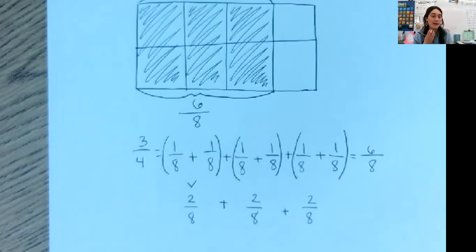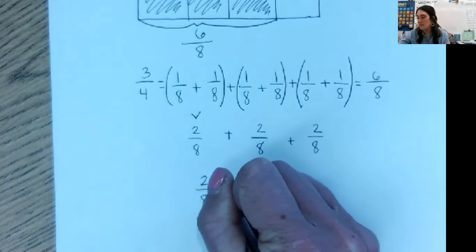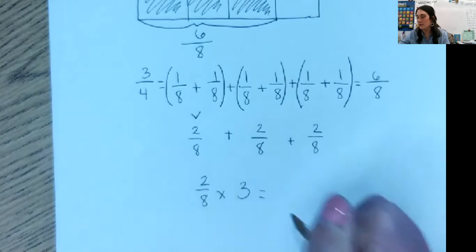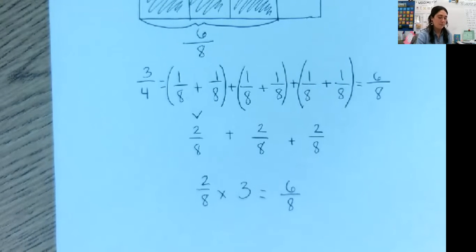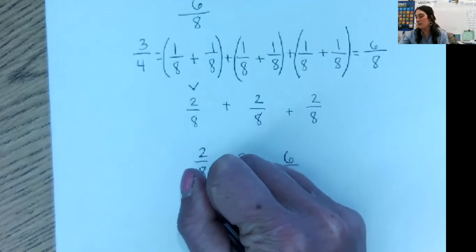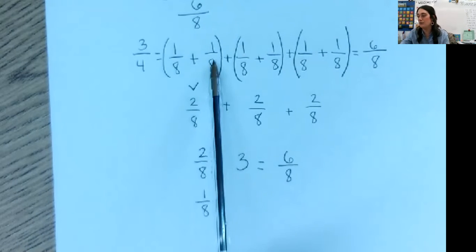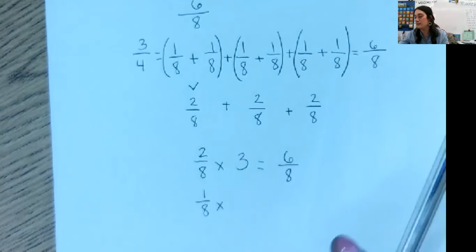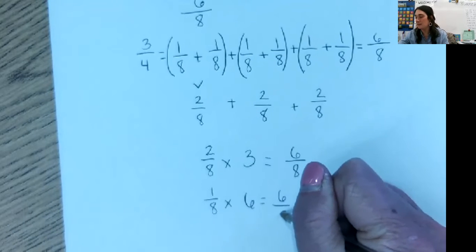What multiplication problem is that? If you said 2/8 times 3 equals 6/8, you would be correct. You could also go back to your unit fractions and say 1/8 times, I have to think how many times did we add it? 1, 2, 3, 4, 5, 6 times 6 equals 6/8.